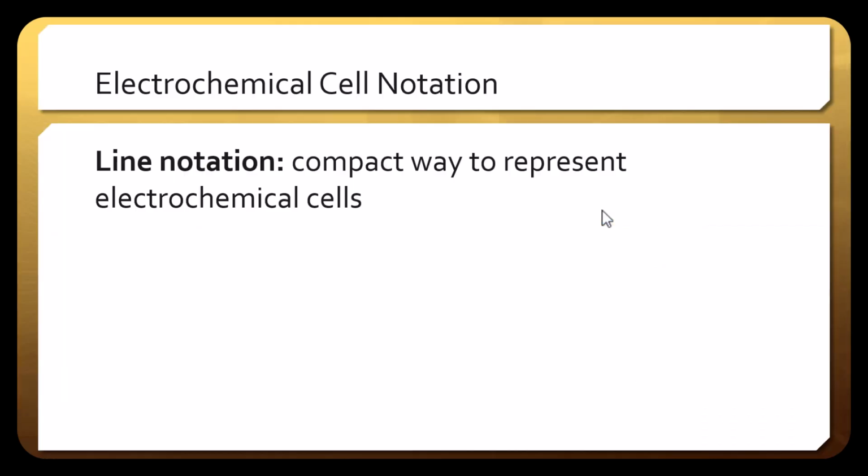Line notation is a compact way to represent electrochemical cells. If we think about the electrochemical cells that we had, we had something that looked like this. We had a half cell here, a half cell here, connected by a wire.